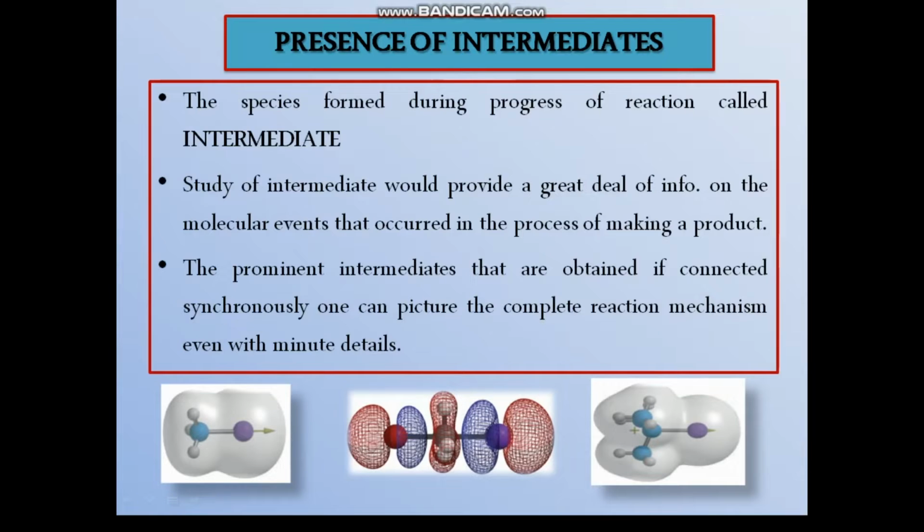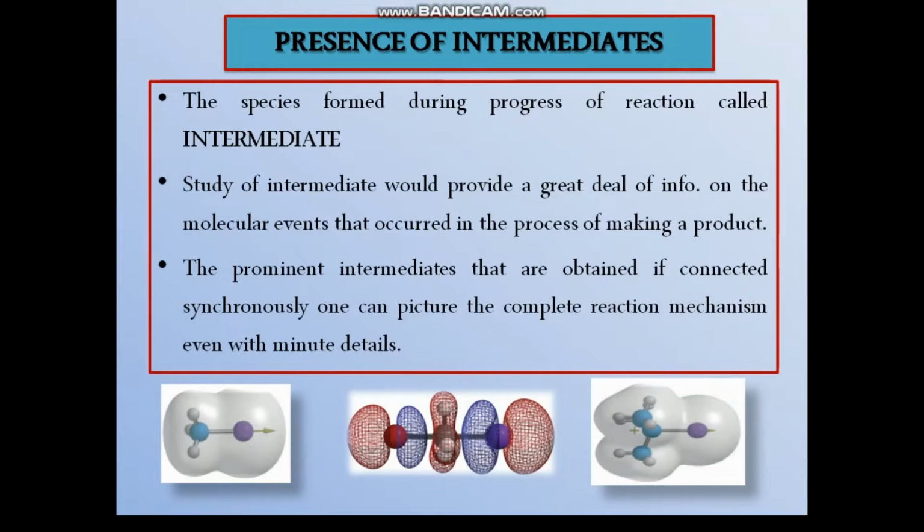The species that are formed during the progress of a reaction, provided they have lesser energy, and if they are isolatable, and sometimes if they have a cliquet geometry, then we would say they are intermediates. Why do we study the intermediates that are formed? Because that provides a great deal of information about all the molecular events that occur in making the product.